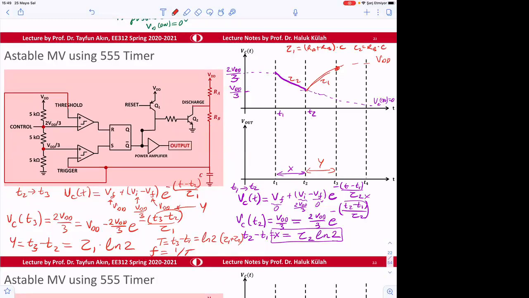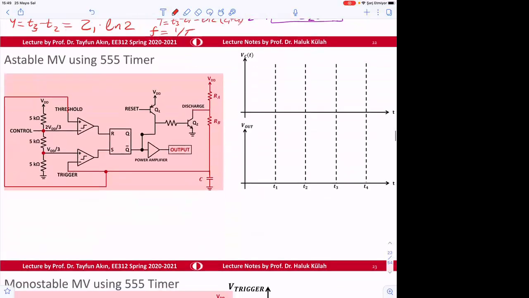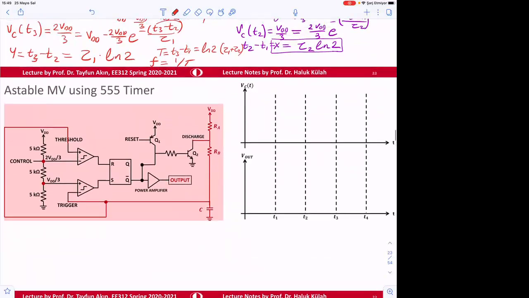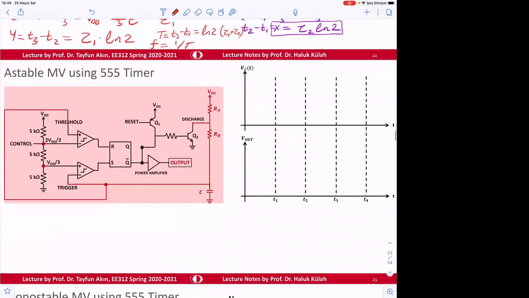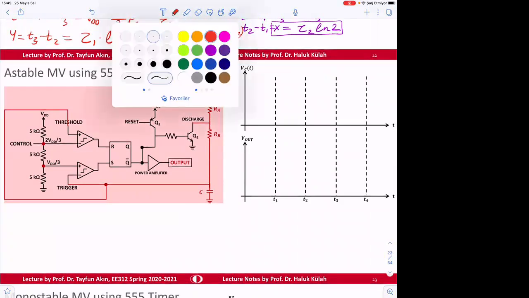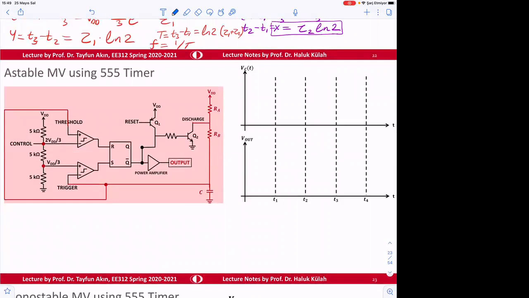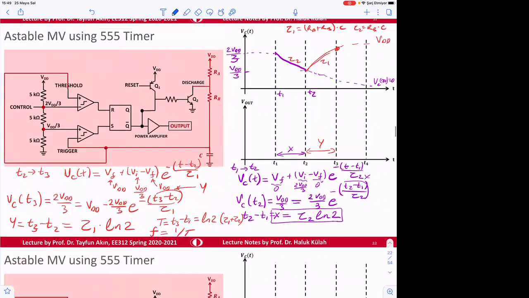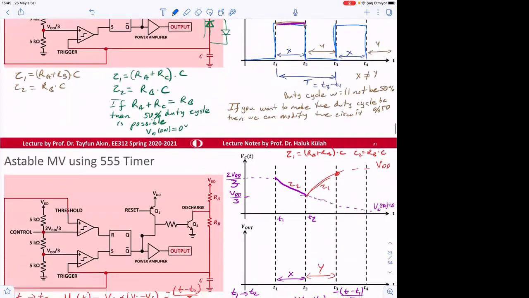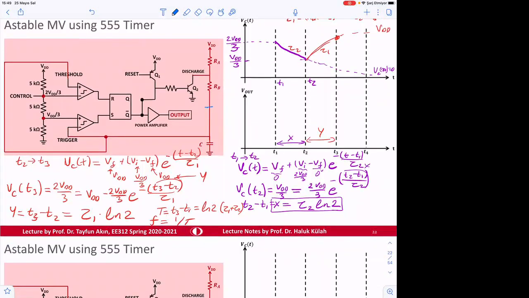One way to make this more symmetric is to add some elements, as I told you, and this is also something we ask in exam questions. While charging, it will be charged through another element here, and then while charging it goes through here.